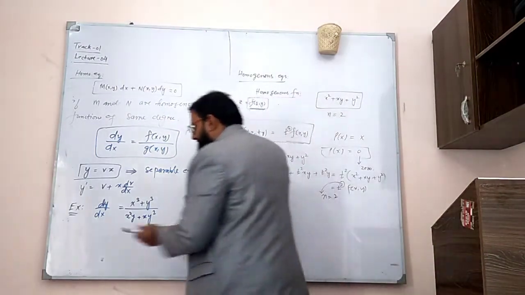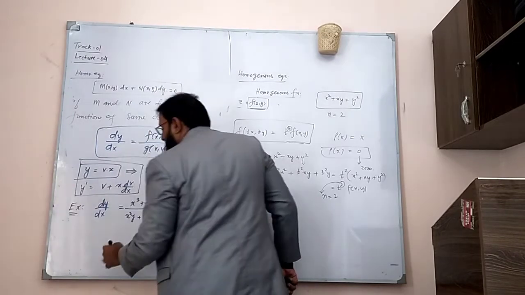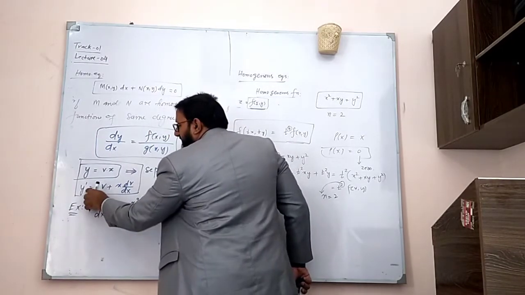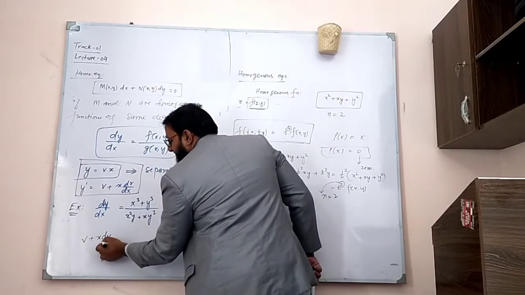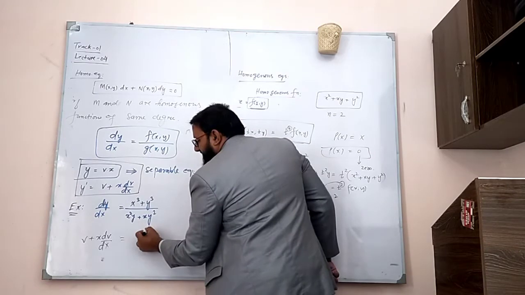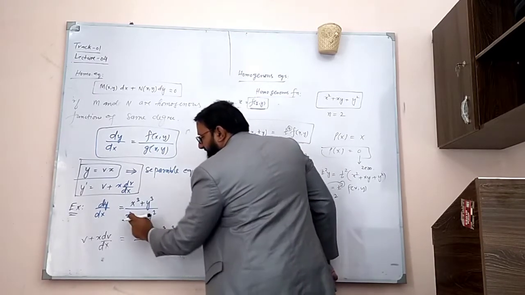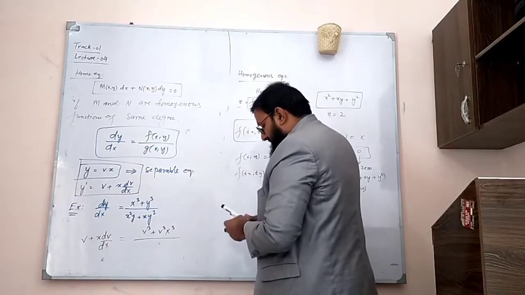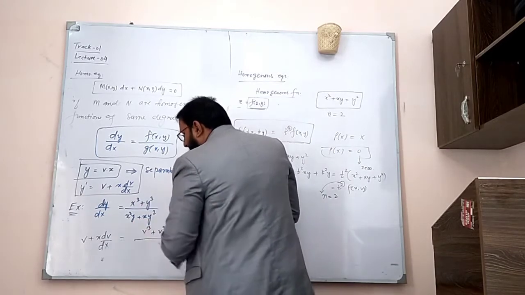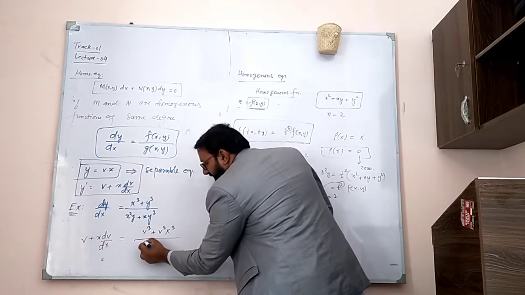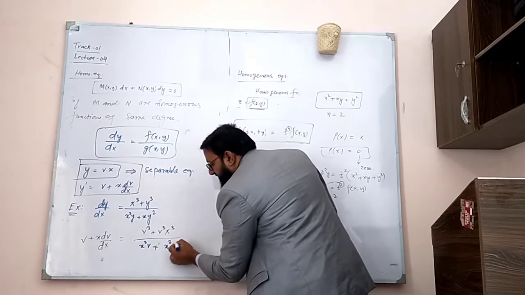So what we need to do now is just substitute these transformations. Then this dy by dx is y prime, which becomes v plus x dv by dx, and this equals x cube plus y cube, where y is vx, so v cube x cube, divided by x cube times v plus x cube times v.